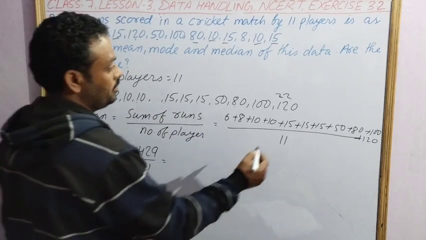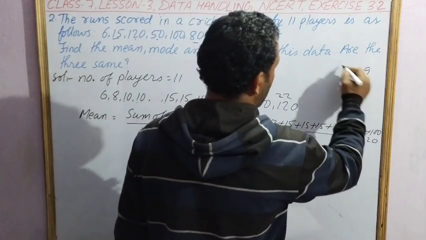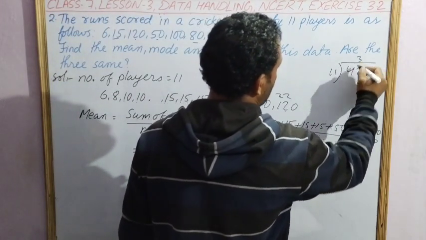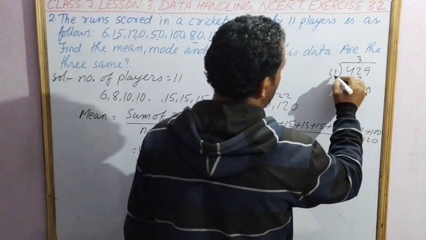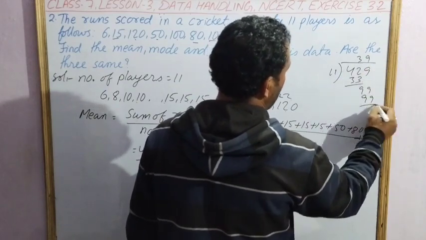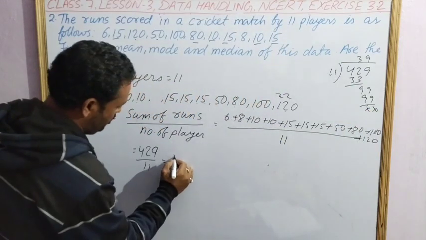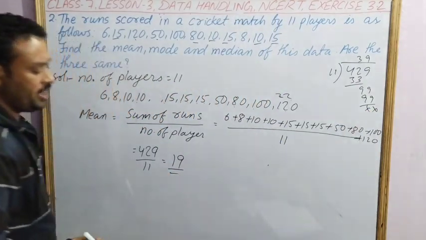Now divide and see. 11 threes are 33, 11 nines are 99. So the mean is 39.